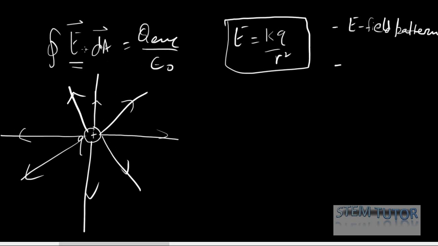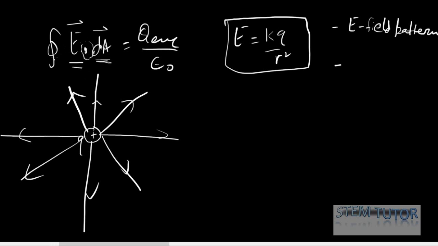The second thing you have to do is pick a Gaussian surface that makes your problem easy. That's the one that gets rid of this dot product, because until you get rid of the dot product, you cannot integrate.